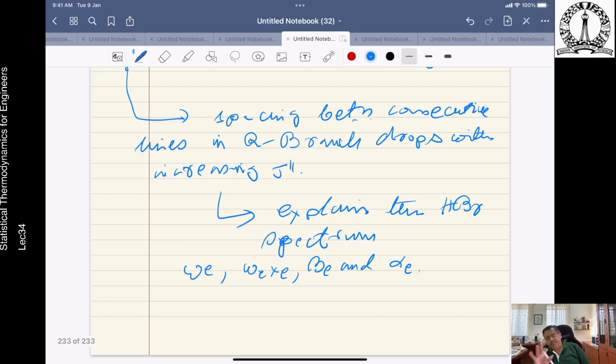We have skipped the math, but these are the selection rules which tell what the P branches and the R branches of this particular series are all about. So now you can do sample problems which are also given in the book. That we will cover in the tutorial part of this lecture.